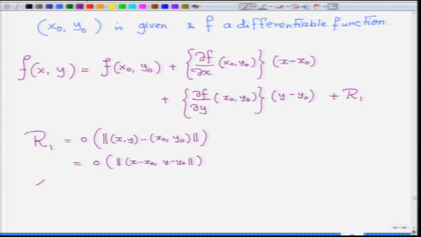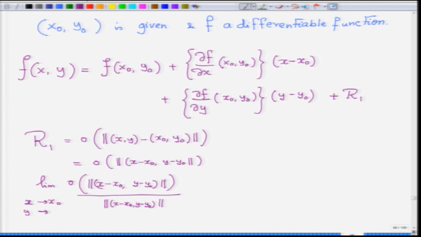So, this means the limit of small o of these vectors x minus x naught and y minus y naught, divided by the length, the norm of this vector, when x goes to x naught and y goes to y naught, is 0.